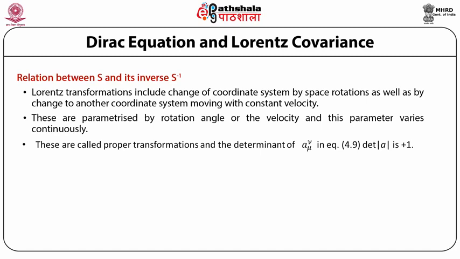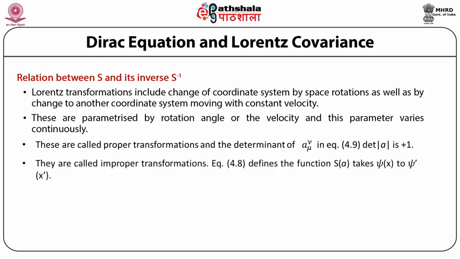These are called proper transformations, and the determinant of A nu mu in equation 4.9 has determinant of A equal to plus 1. Space reflection or parity and time reversal have a determinant of A whose value is minus 1. They are called improper transformations.